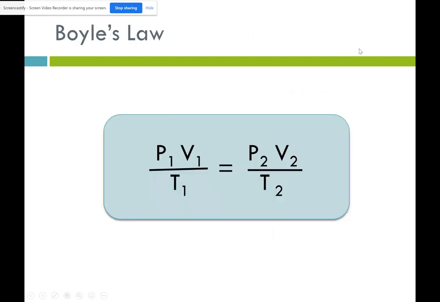So for example, Boyle's law we know looks at pressure and volume and ignores temperature. So if I just ignore the T's on the combined gas law, I'm left with Boyle's law. Or we know Charles' law, for example, ignores pressure and just looks at volume and temperature. Instead of having to re-memorize this formula, just disregard P, and you're left with Charles' law, V1 over T1 equals V2 over T2.